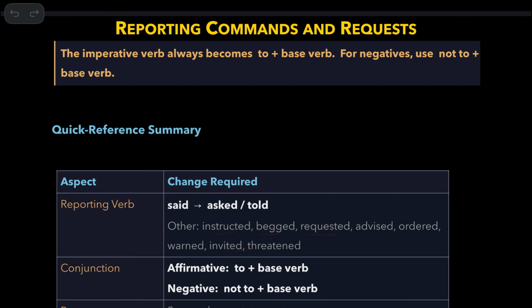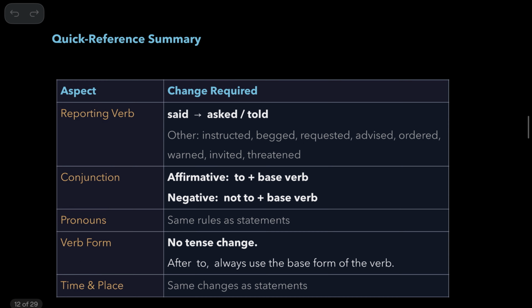If it is a request, requested. If it is an order, ordered. If it is a warning, threatened or warned. So there is no need for any conjunction. You just need to use the same to infinitive or not to infinitive, to plus base form or not to plus base form.